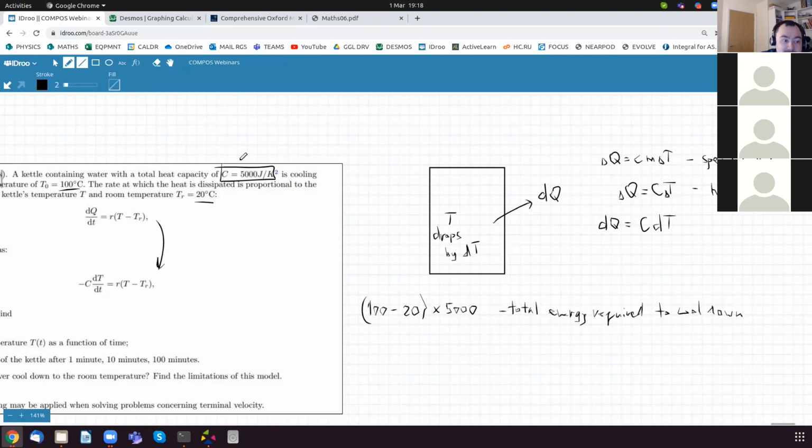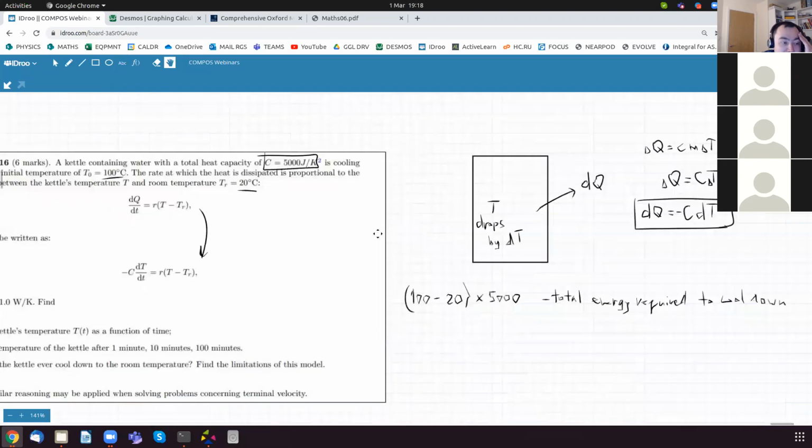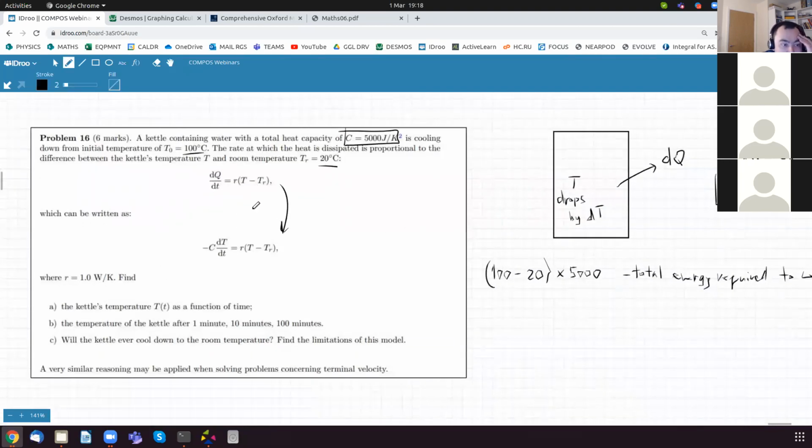That's why we say dq is going to be equal to minus C dT. And from here we can write minus C dT/dt equals R(T minus T_R).